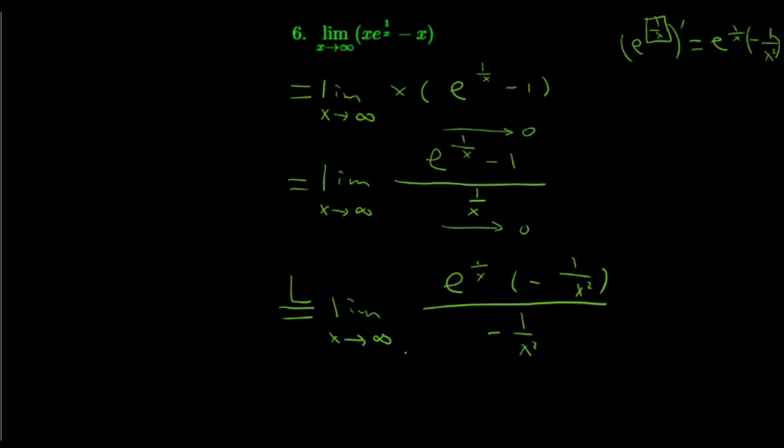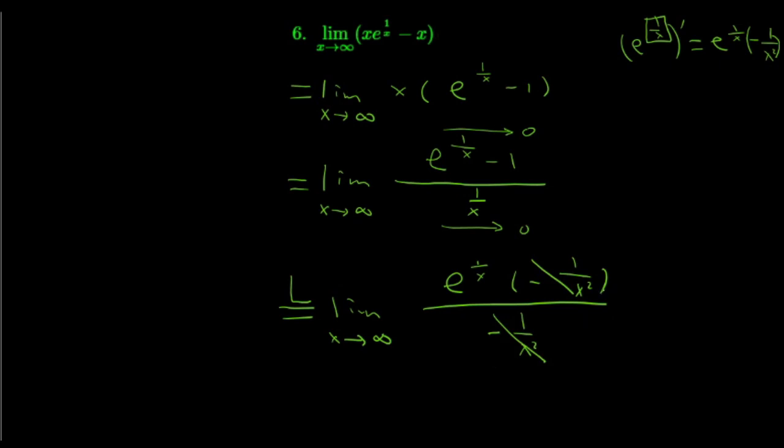Now simplify, okay. Why can we cancel out that factor? As x approaches infinity, this factor is a non-zero number, right? Approaches infinity means x gets larger and larger. In any case, that factor is a non-zero number, not equal to 0.